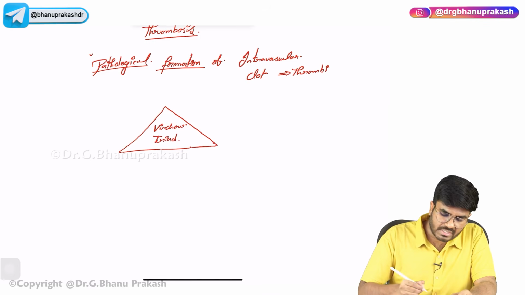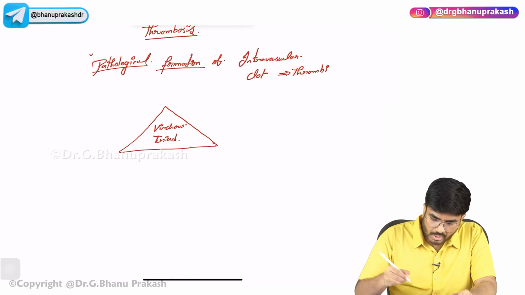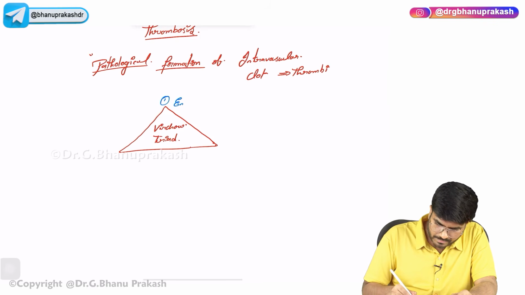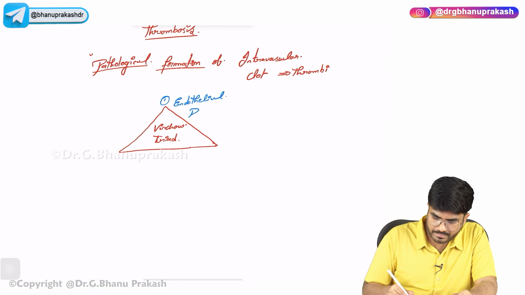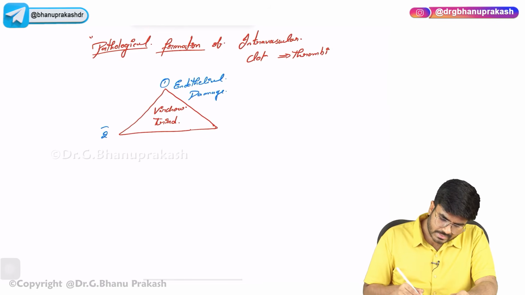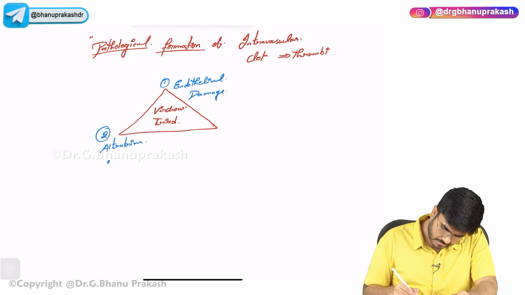I have discussed this in general pathology also. Cause number one in the triad is endothelial damage. When the endothelial cells are damaged, that can trigger thrombosis. Second is alteration of blood flow.